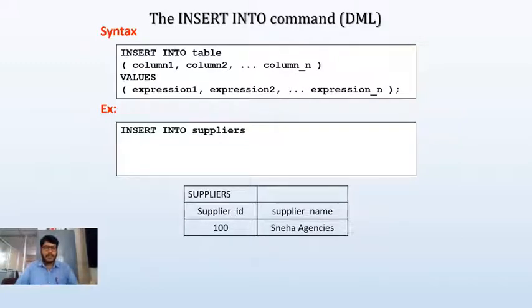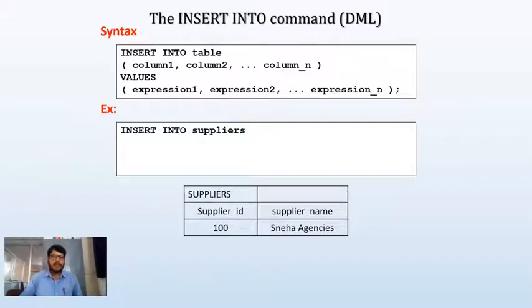Here INSERT INTO are the keywords and suppliers is the table name for which I want to insert a new record. After this, we need to specify the column names.